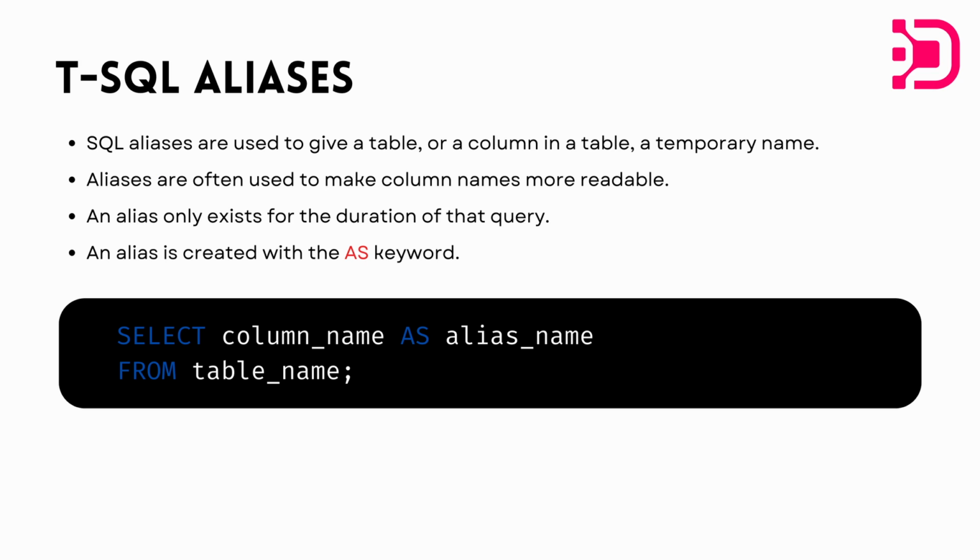So basically aliases are used to give tables or columns inside tables a temporary name that makes them easier to understand or more readable.